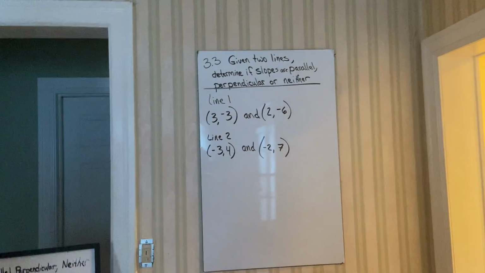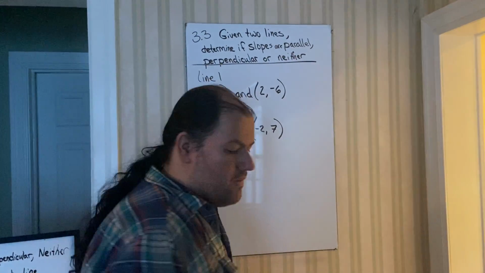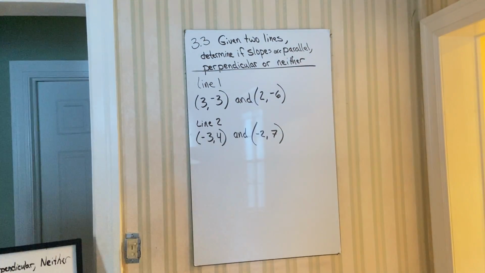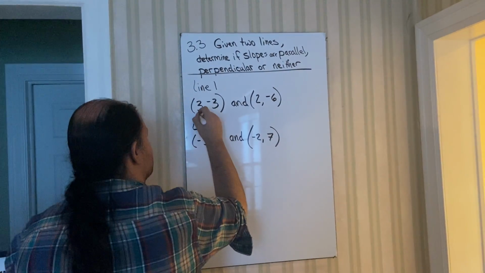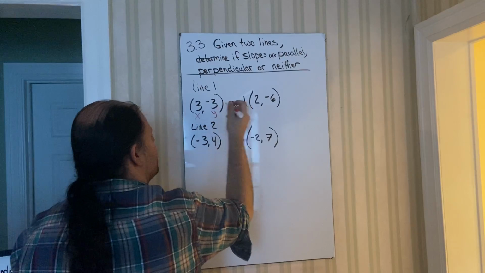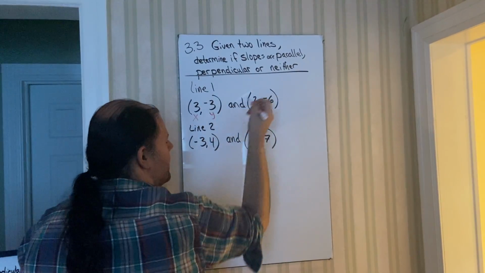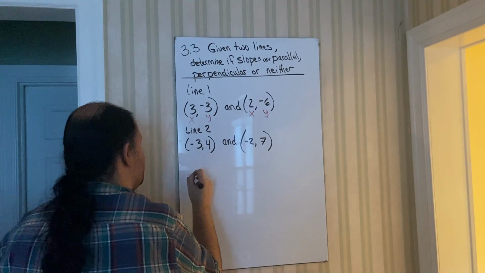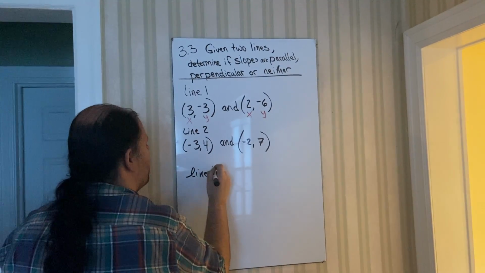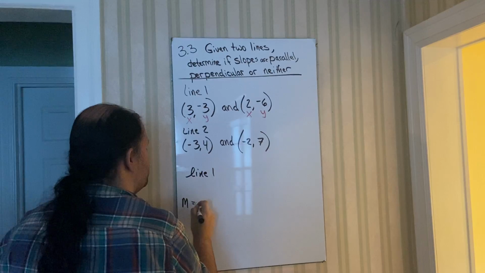Okay, so let's take a look at this guy. So the first thing I want to do is find the slope. So remember, each ordered pair has an x and a y value. So there's an x and a y, an x and a y. Now that you know that, remember, for line 1, let's use the bare bones formula.